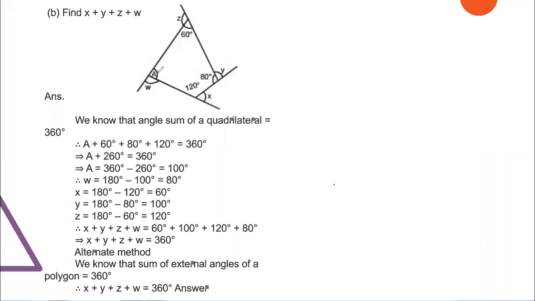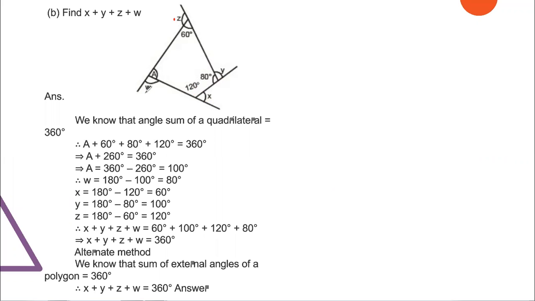Now let's begin. As I told you, to find the value of w, z, y or x, you must just subtract from 180 the other value which is forming 180.